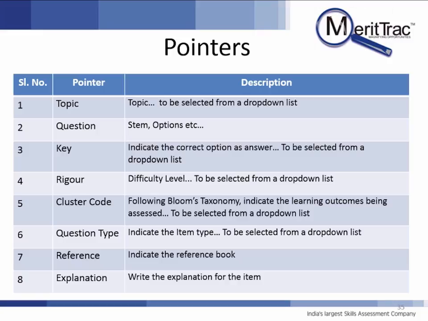As you know, we are into pre-recruitment assessment, and many a time candidates, if they are not selected in a job recruitment, may go to court or raise an RTI. Then we are bound to provide an explanation in favor of our answer key, and that is why this is very important.